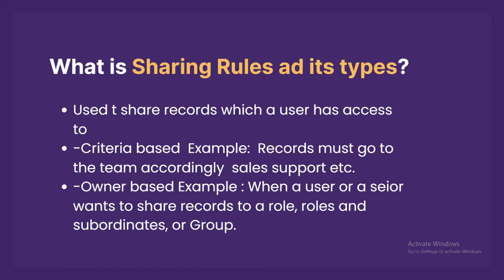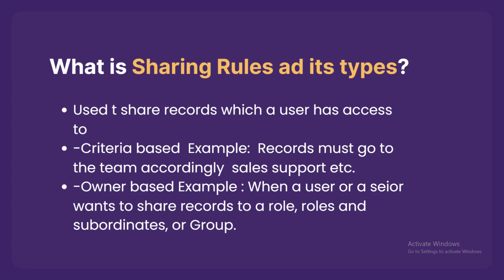So what is criteria based? In this, the records are shared whenever a certain criteria given by you is fulfilled. For example, records must go to the team accordingly, like sales, support, etc. Whenever there is an inflow of records, and you know that someone has created a case, where should this go?